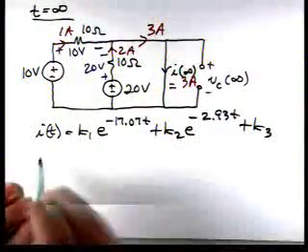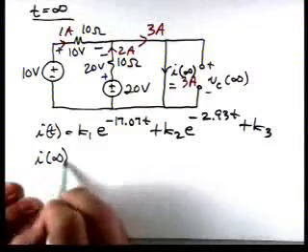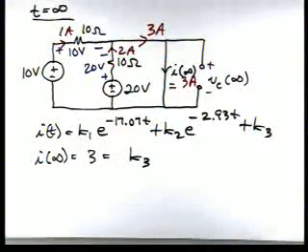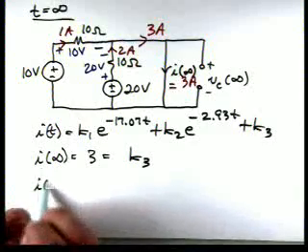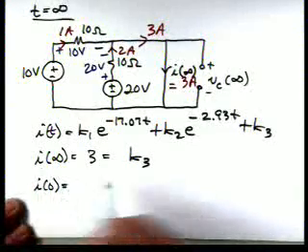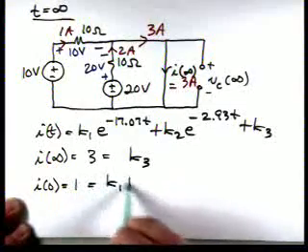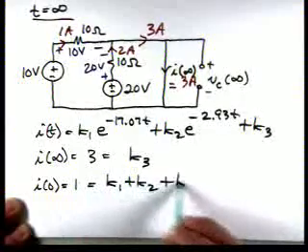And we know I of infinity is 3, and that's K3. And we know that I of 0 is 1, and that's K1 plus K2 plus K3.